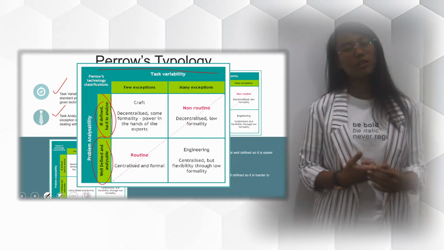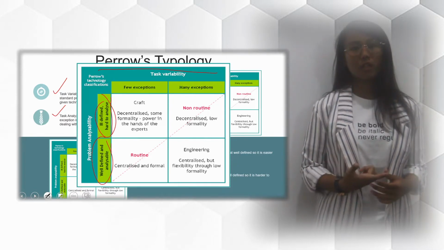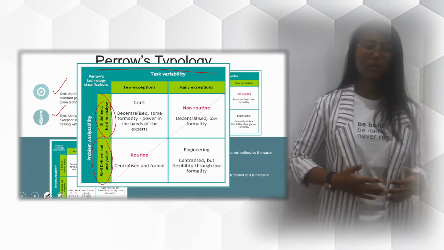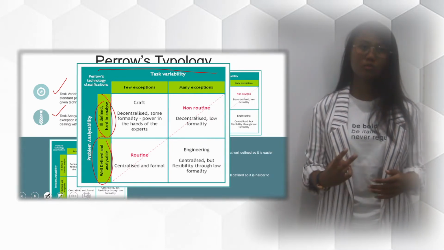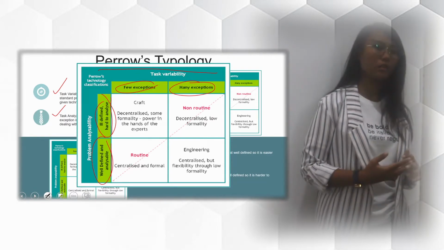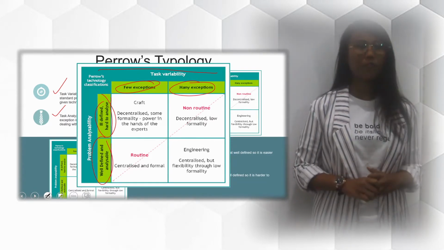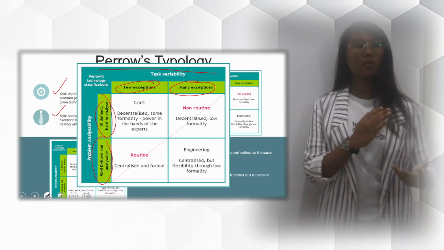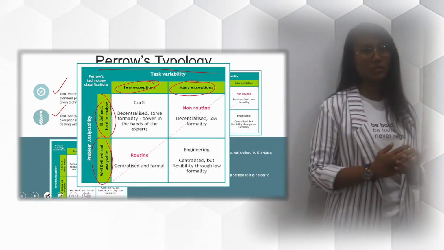Ill-defined is the task that is hard to analyze, and well-defined is the task that is easy to analyze. In variability there are two subordinates too: many exceptions and few exceptions. The four categories from Perrow's are routine, craft, engineering, and non-routine.